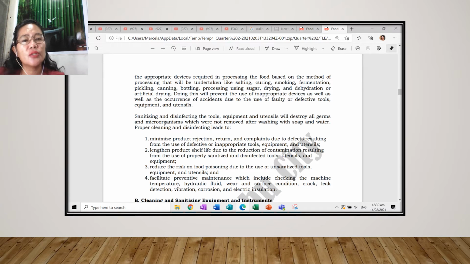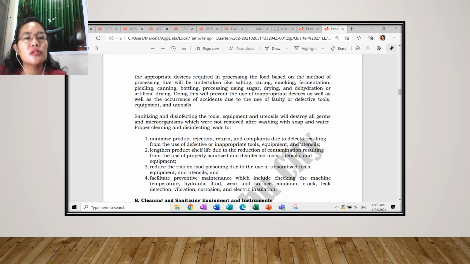Doing this will prevent the use of inappropriate devices as well as the occurrence of accidents due to the use of faulty or defective tools, equipment, and utensils.